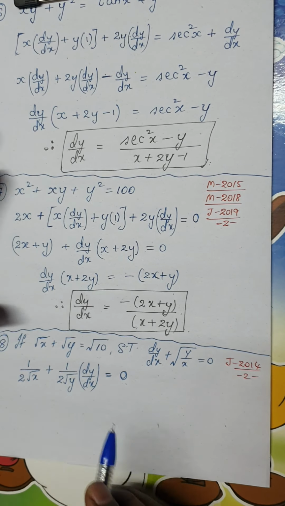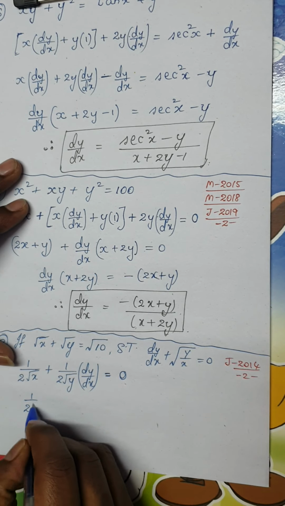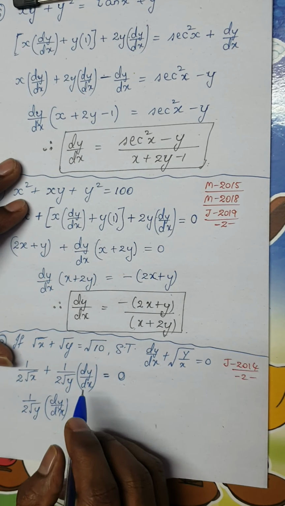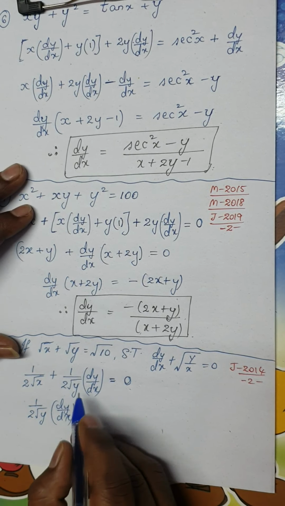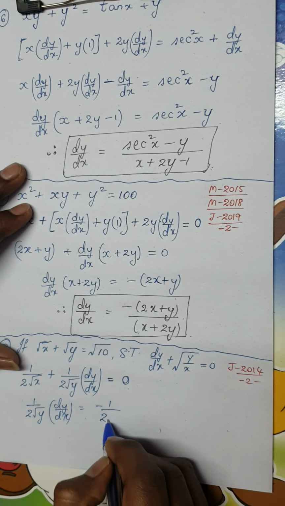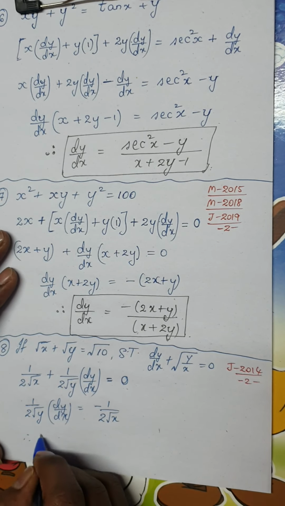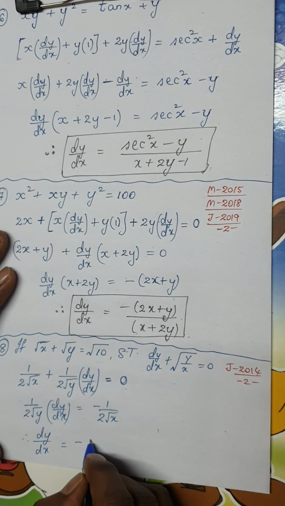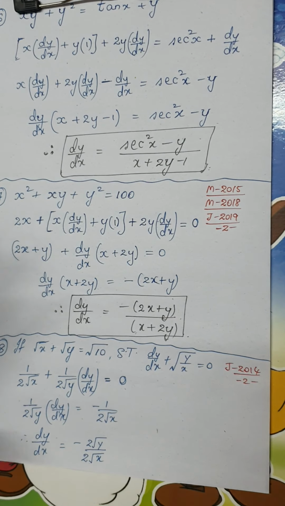Okay, now bring this term to the right hand side. I'll get 1 divided by 2 into root y dy by dx, or else what you can do is, keep it as it is, bring it to right hand side. This is nothing but minus 1 divided by 2 root x, okay. If you cross multiply, dy by dx is nothing but minus of 2 into root y divided by 2 into root x, isn't it?